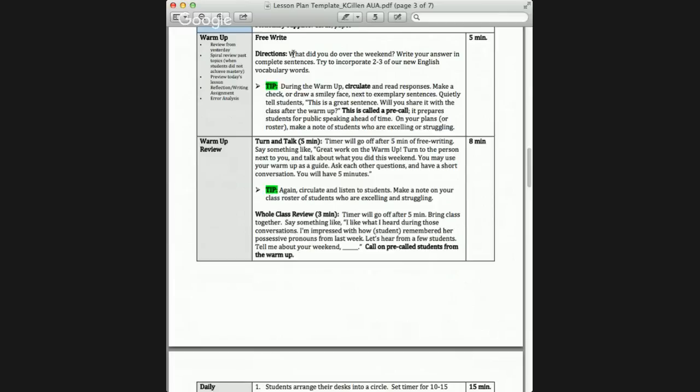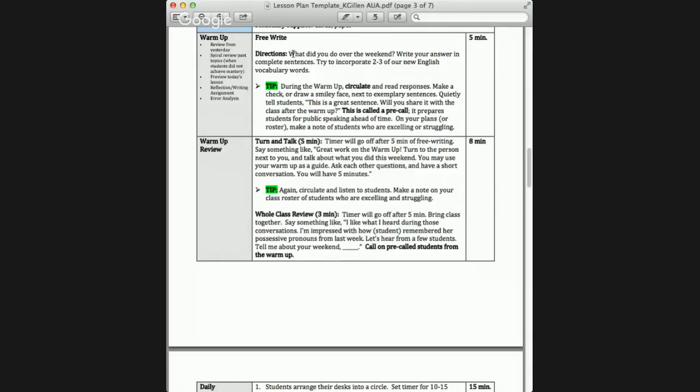And then a tip for you. Wherever you see a tip that's highlighted in green, this is just a trick for you as a teacher. During the warm-up, you should be circulating. A good teacher does not just stand at the front of the room. You should be circulating and reading what your students are writing. If someone writes an excellent sentence, make a check or draw a smiley face or something like that.